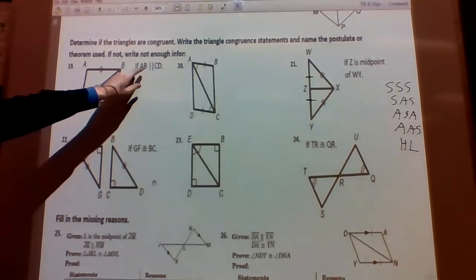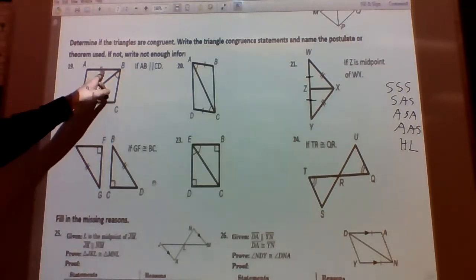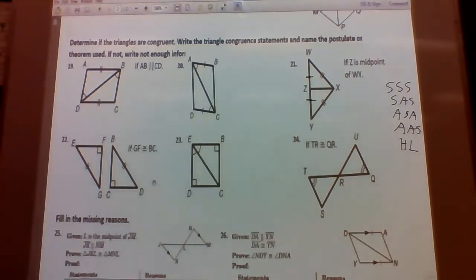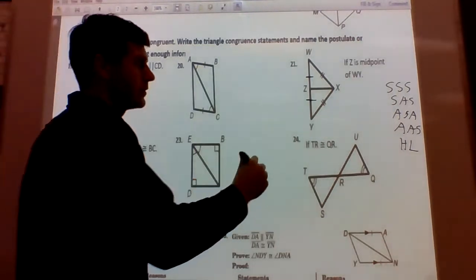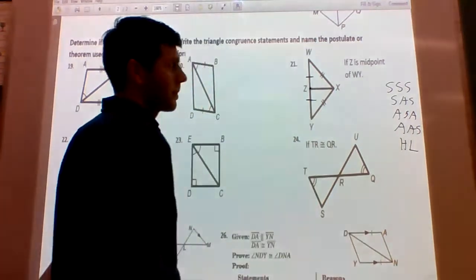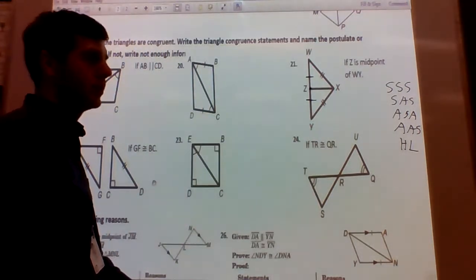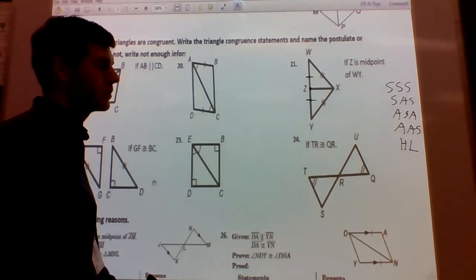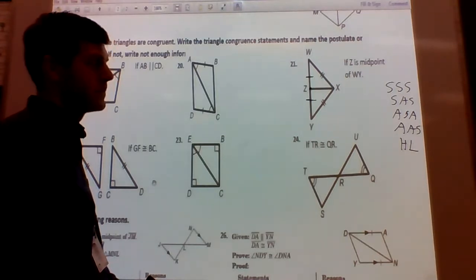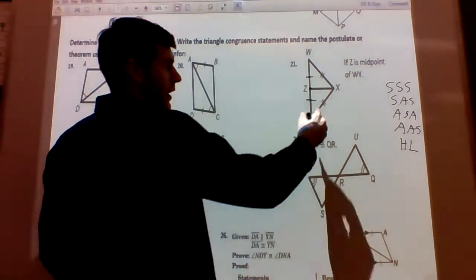I'm seeing this now. They're giving us information for 19. So we're going to come back to 19 after we do 21. We'll do 21 and then go back to 19. So they're telling us Z is the midpoint. We have a midpoint. We know we have congruent segments. So WZ is congruent to YZ. We have a shared side.